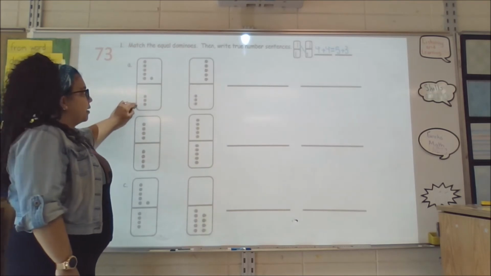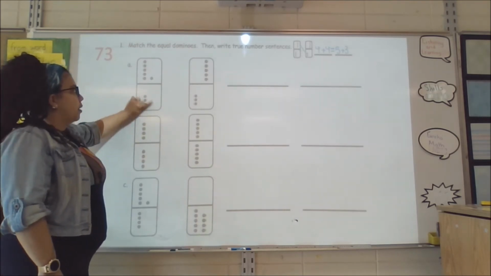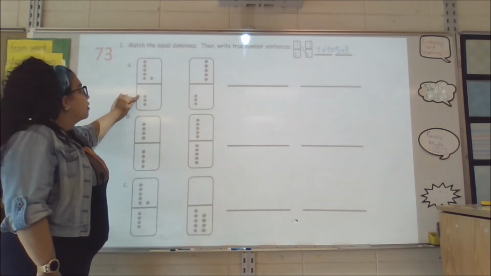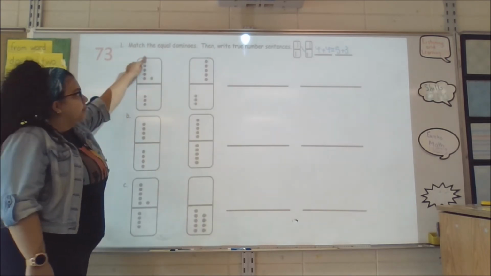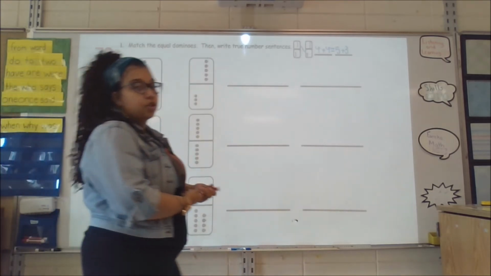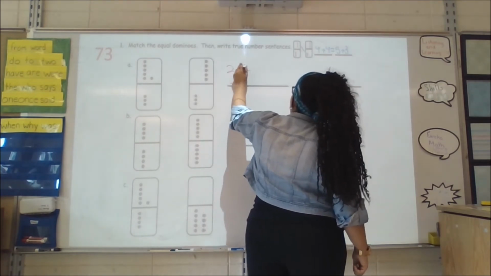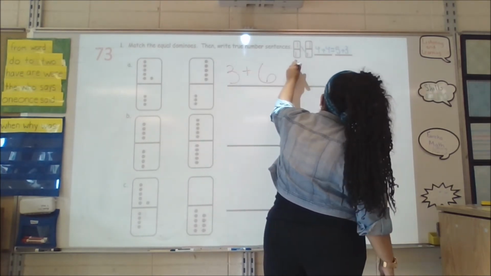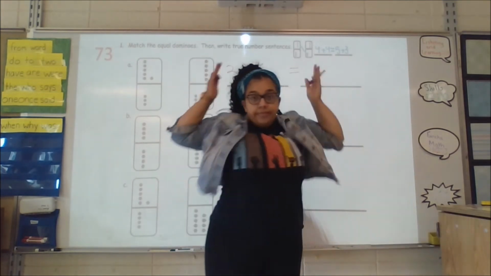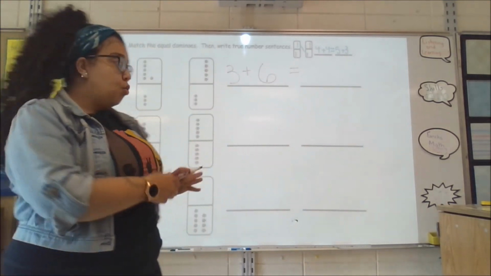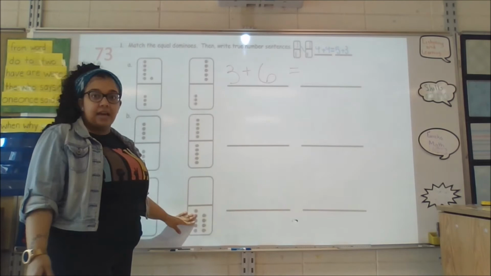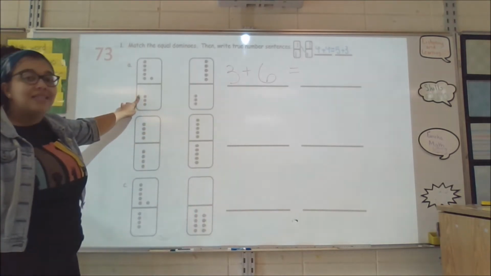For this domino, let's read it. What is the first part? 3. And what is the second part? 6. So here we see 3 plus 6 is equal to something. We don't know yet. One of these dominoes in this column is going to match with this domino.